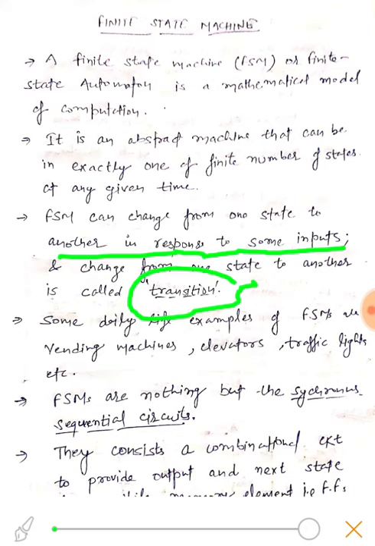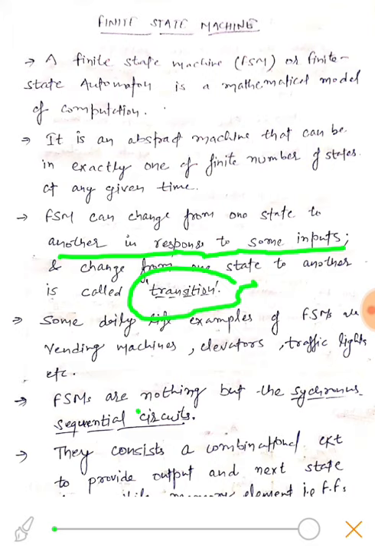We might have seen some examples of FSMs in our daily life as well. Like you must have seen the token vending machines at metro stations, Delhi metro stations, or elevators or traffic lights. So in a vending machine, we provide some inputs in the form of a combination of notes, like 5 rupees notes or 10 rupees notes, and depending on those inputs, the machine provides us with some product, like a chocolate.